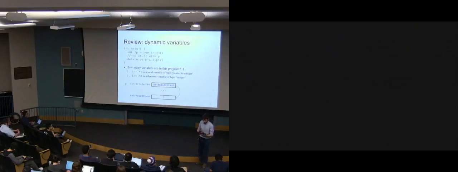You, as the programmer, get total control, even if it's in two different function scopes, over when the dynamic variables are created and when they go away. Here's how you make a dynamic variable. New int. That's a typo. So this box is here. This box is here.